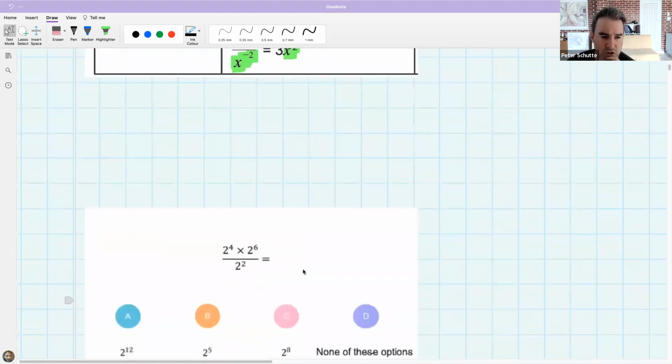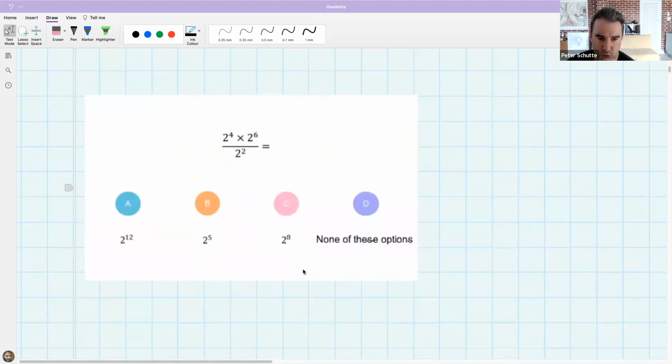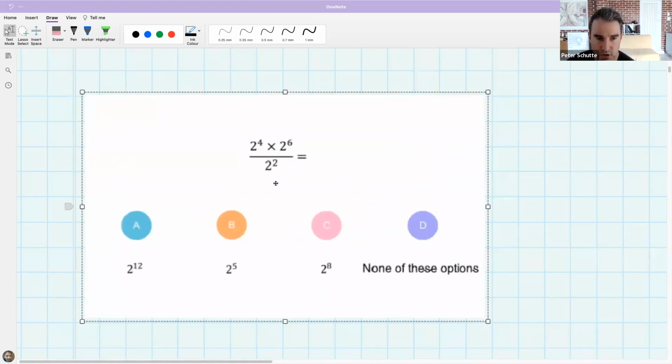So let's start with some multiple choice questions. The way this works is that I'm going to give you this question: 2 to the power of 4 times 2 to the power of 6 divided by 2 to the power of 2. And you need to tell me in the chat which of the 4 options you think is correct. You need to use the laws of exponents and the definitions I've showed you to help.